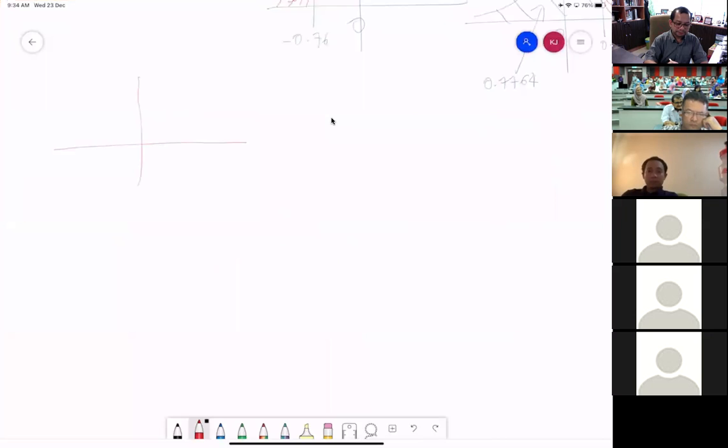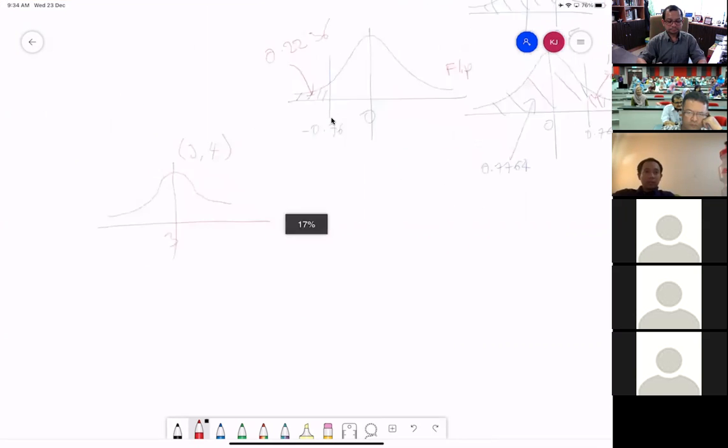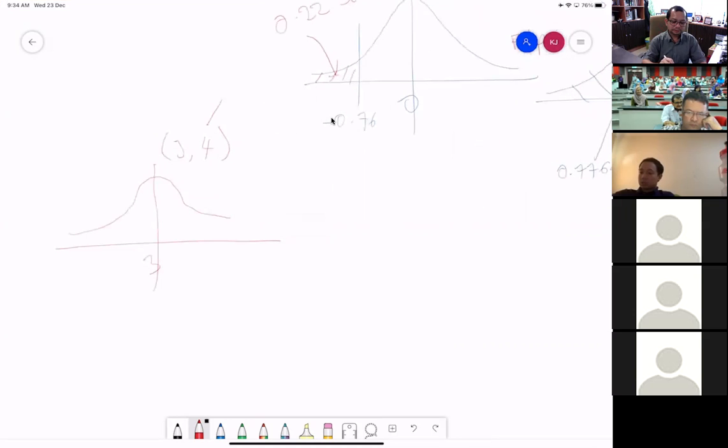Just now, the mean is 3, right? 3, 4. This is the sigma squared, this is the mean. So first step, we shift the mean. 3 minus 3 equal to 0.